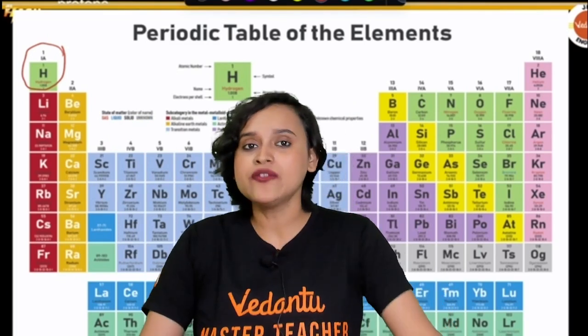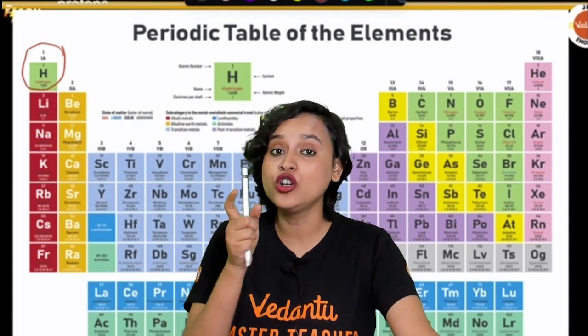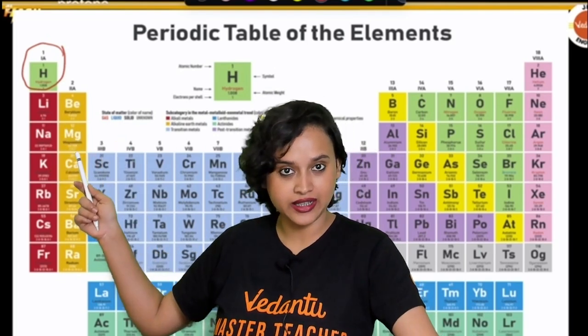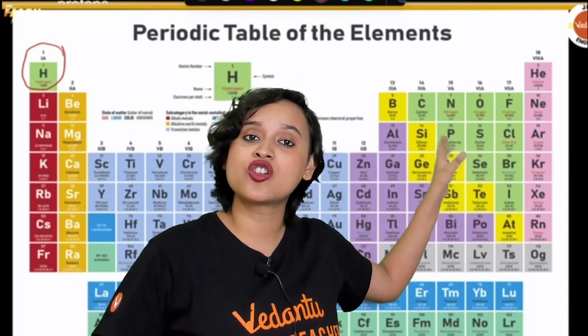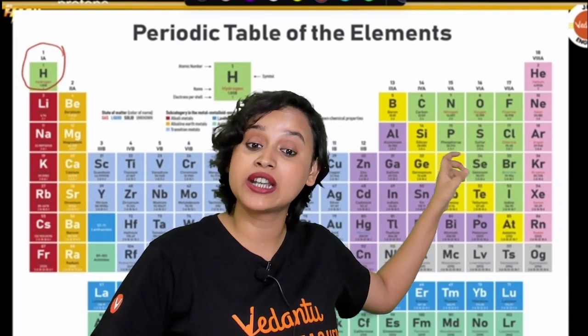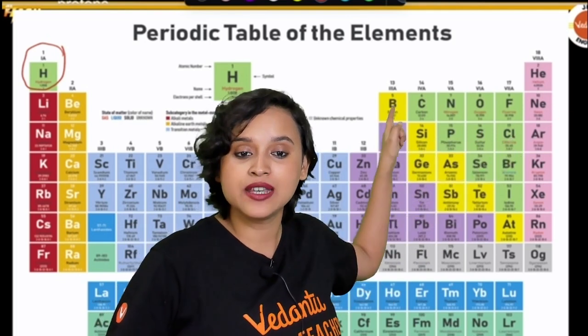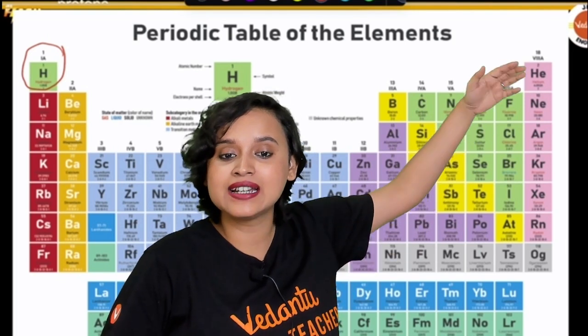Anyway, now everybody, if you remember, the S orbital can hold 2 electrons, and you can see that there are 2 groups here in the S block. In the P block, we all know that the P orbital can hold 6 electrons, and hence in the P block you will see 6 groups: 1, 2, 3, 4, 5 and 6 right here.